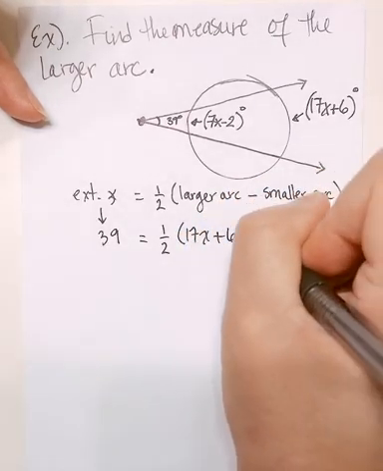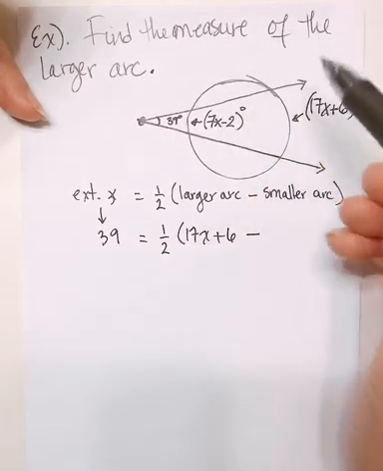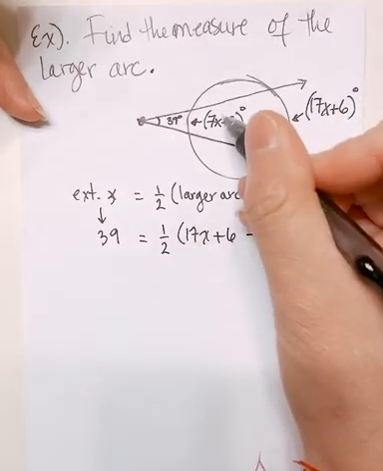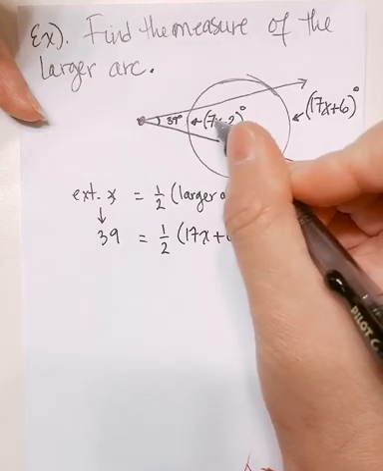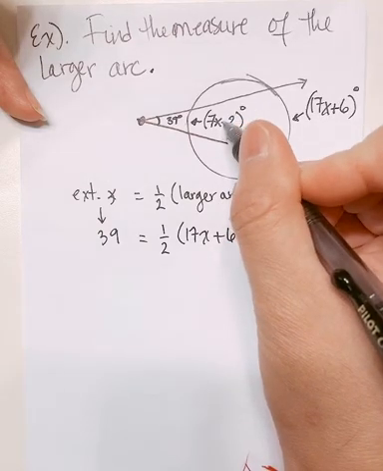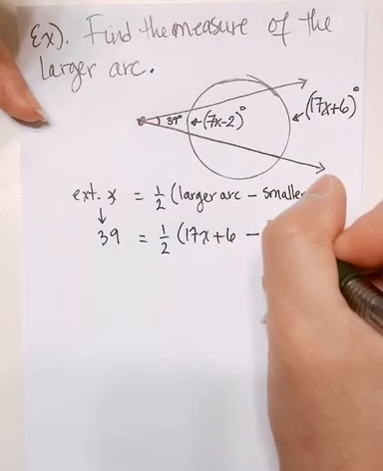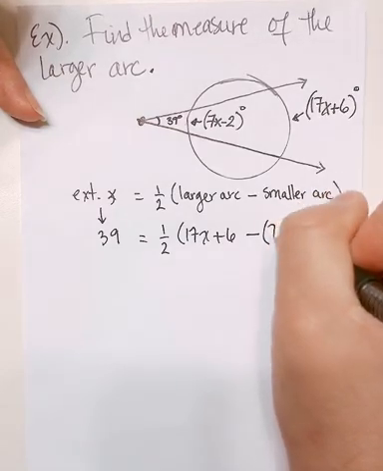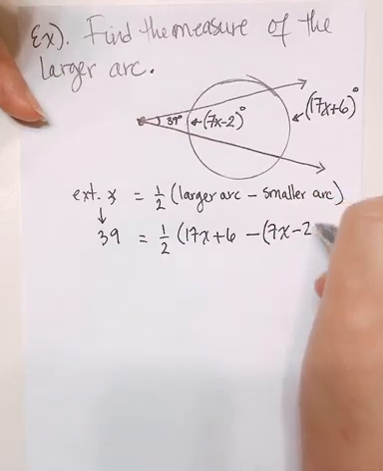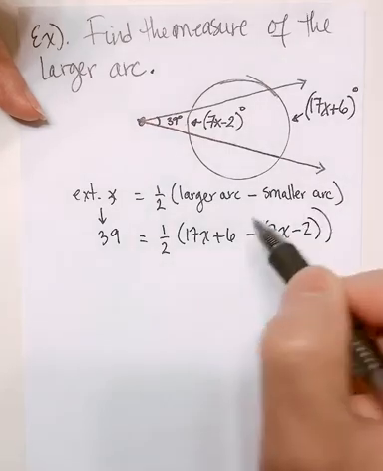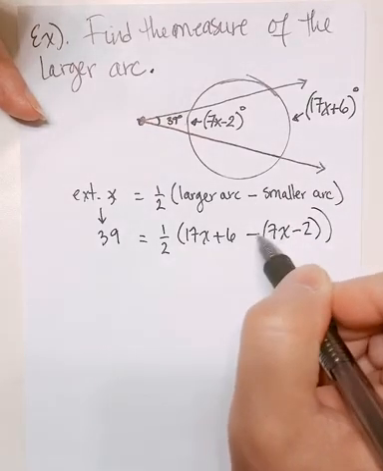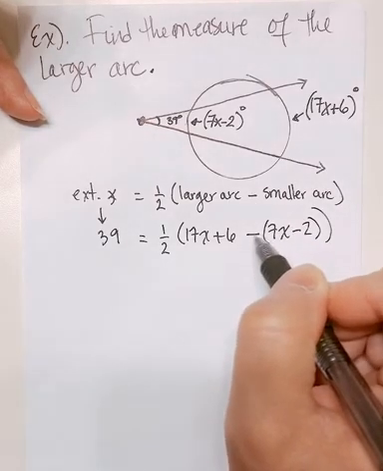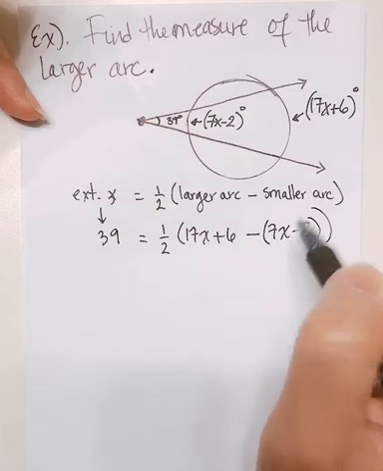And then we're going to subtract everything. Now, be very careful here. You're subtracting the smaller arc. That means you're subtracting everything here, right? So you're subtracting 7x and you're subtracting the -2. Make sure you put that in its own parentheses: subtracting 7x minus 2, right? This is where students sometimes overlook and make sign mistakes, and then the problem is all wrong.